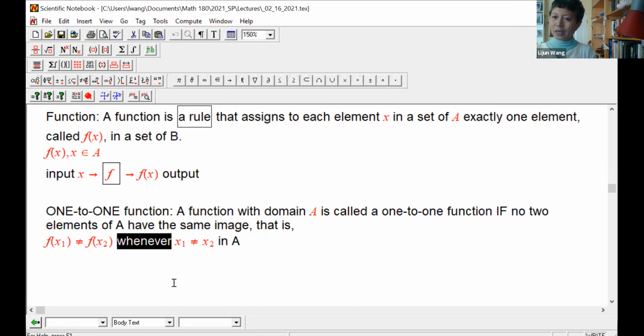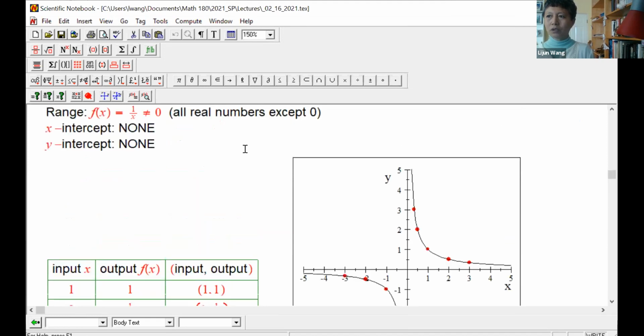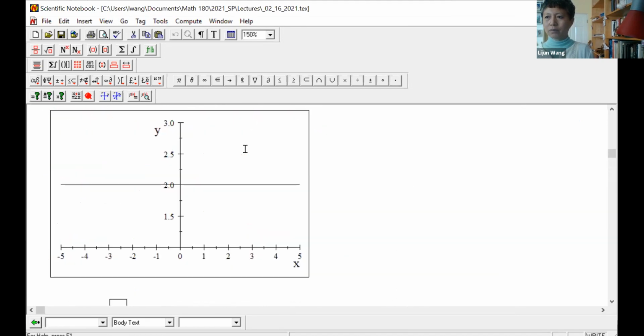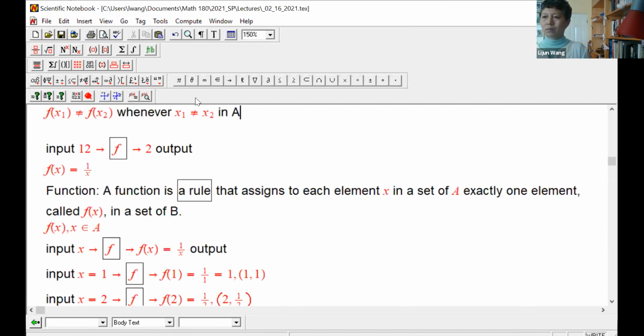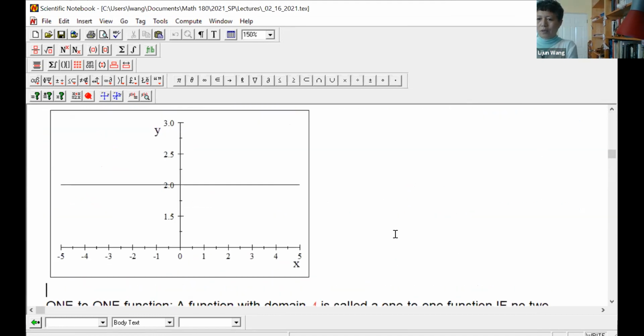Okay, so let's take this definition. We're going to look at the two functions we're talking about. Okay, so our question is: is the function f of x a one-to-one function?